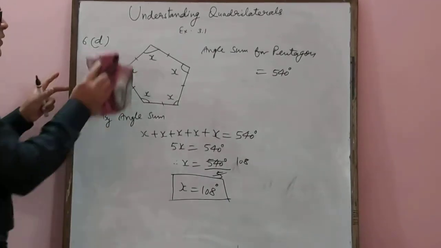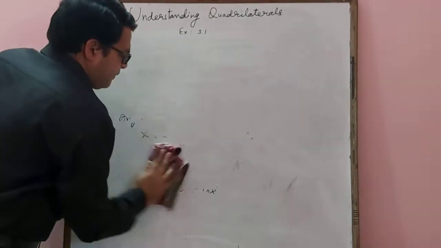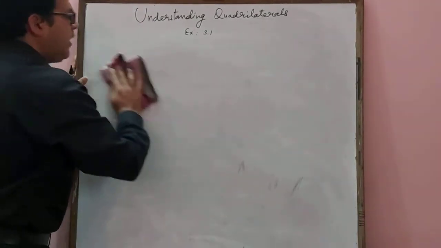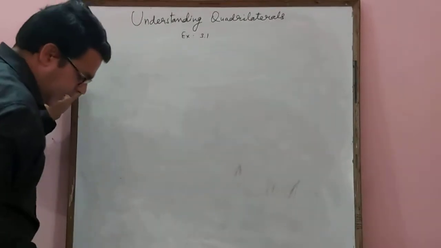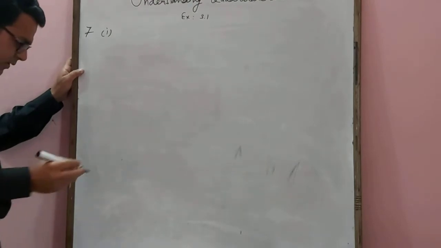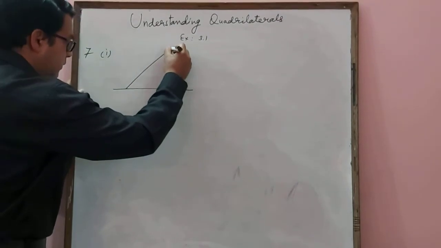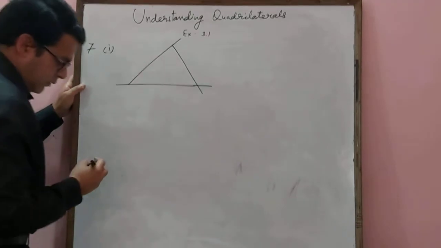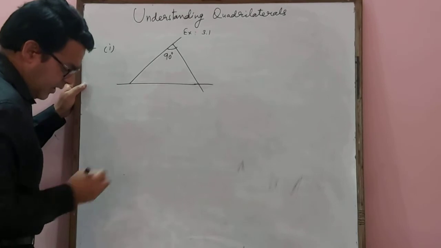Only one question is left now. Let me solve this question also. I will solve only one part. The second part you can solve on your own. First part I am solving, the first part of question number 7. Here 90 degrees is the interior angle.